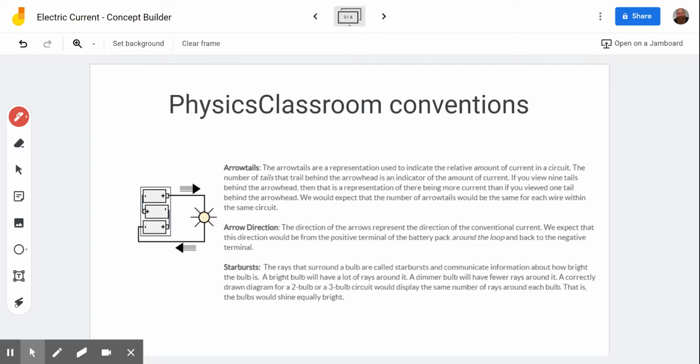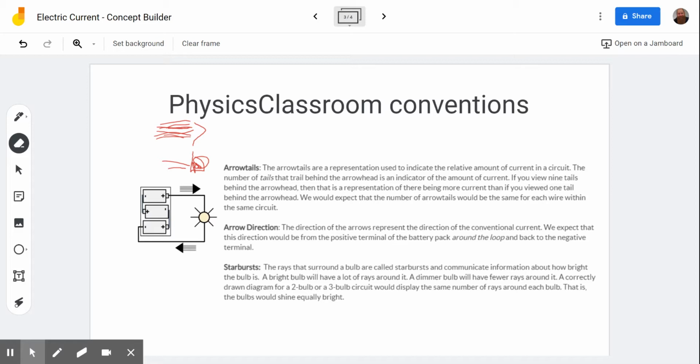In other words, if we added something with just like 2 tails, that would be a weak current or a very little current. And if we had like, I think they say 9 tails, then that would be a strong current. And here we have like 4 tails, so that would be a medium current. Okay, so arrow tails tell you the strength.